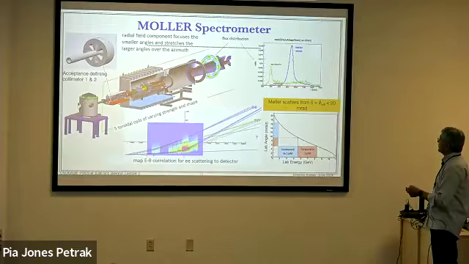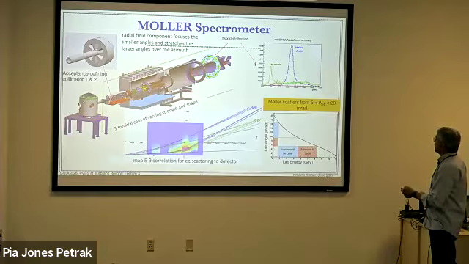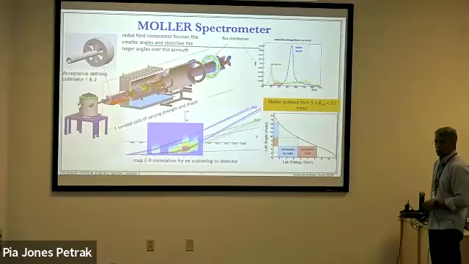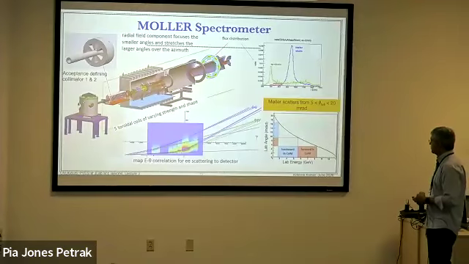These red stripes here are MOLLER scattering, and these smaller red stripes here are ep scattering. If I take a radial distribution here, it'll look like this. Elastic ep scattering at 0.7 meters and MOLLER scattering at about 0.95 meters. That's what this is. Okay, so you want to pick up both.